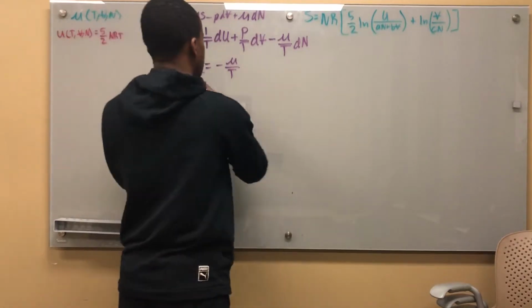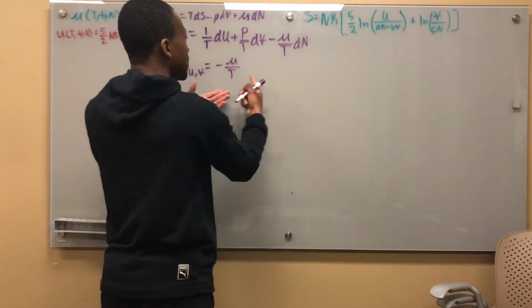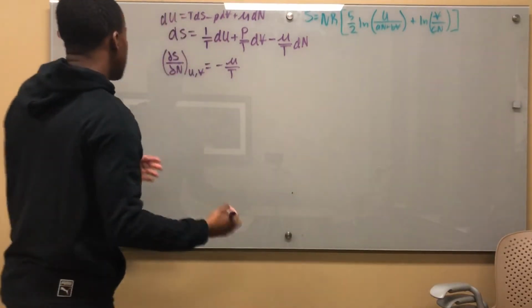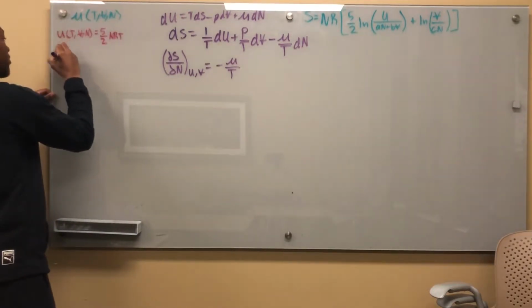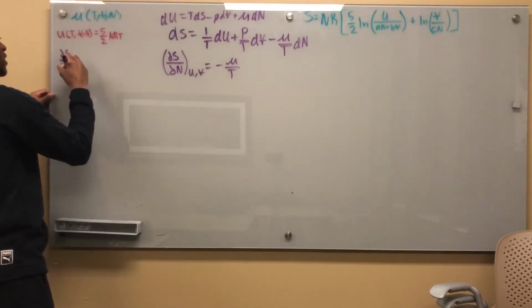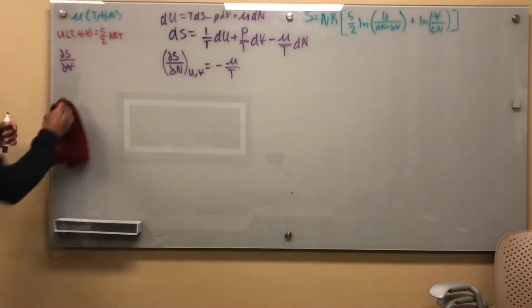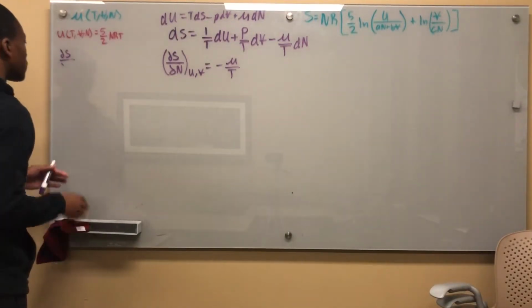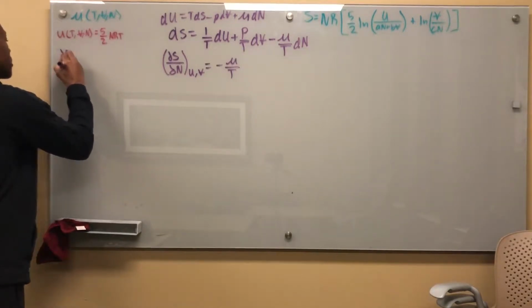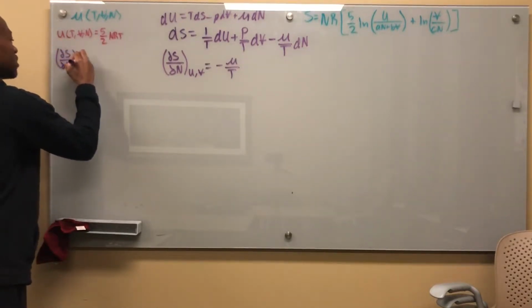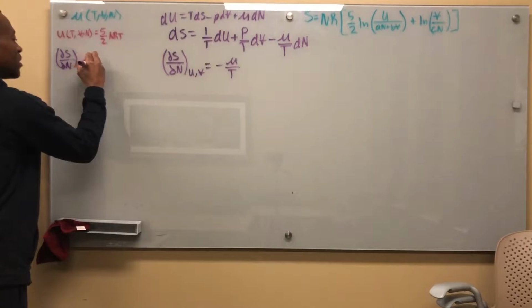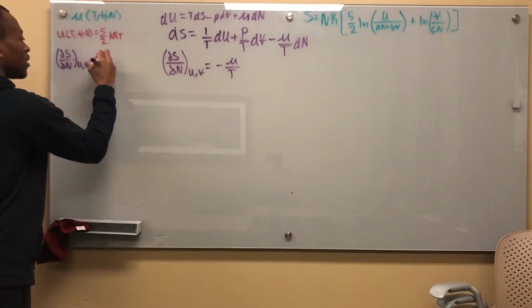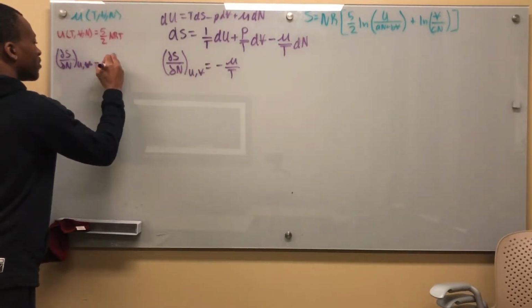Once I differentiate this with respect to this at constant this, that gives me negative mu over t, right? I'm gonna go ahead and write that over here just so I can save space for myself. So del s, del n at constant u and v is equal to negative mu over t, right?